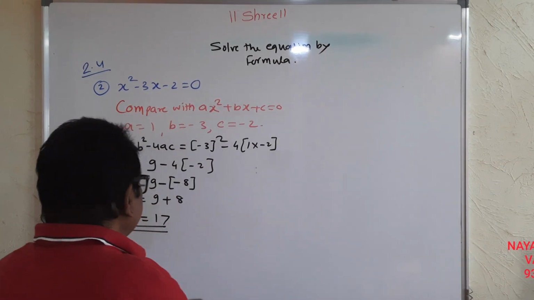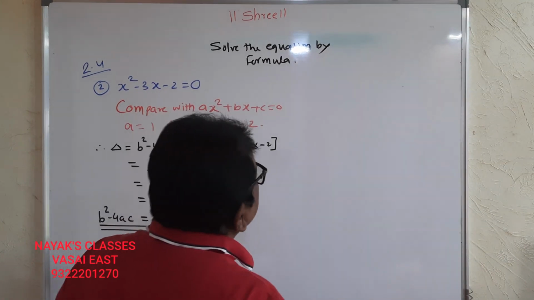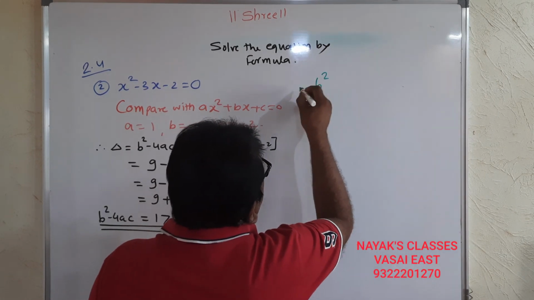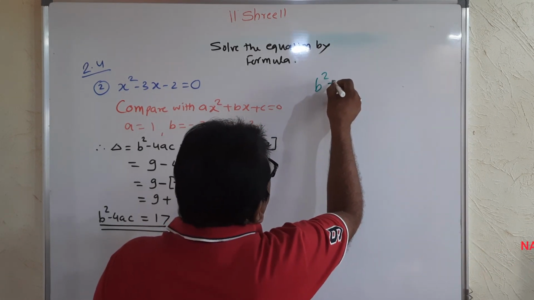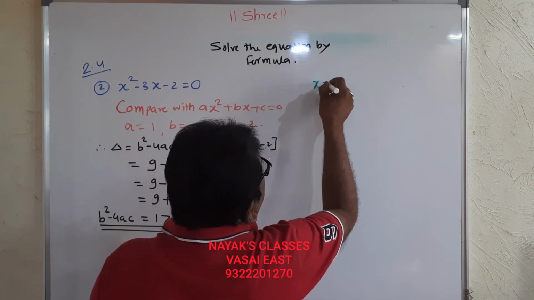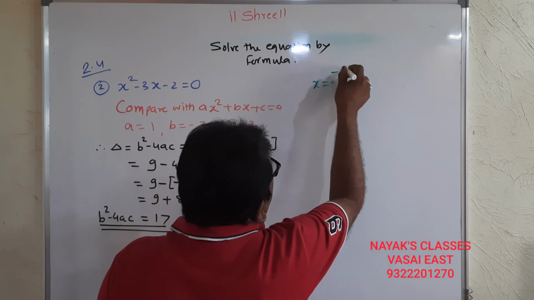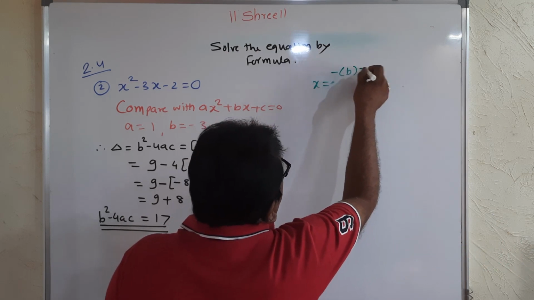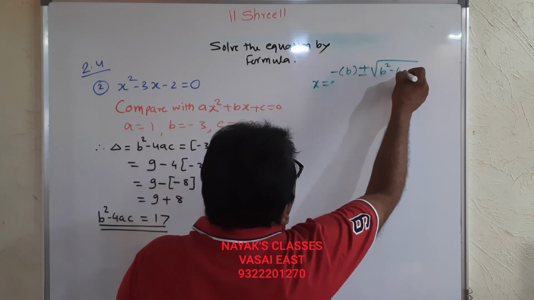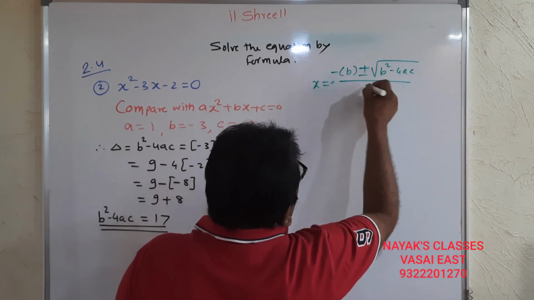So we can use the direct plus minus formula and we will get the answer now. The formula is x is equal to minus b plus minus under root b square minus 4ac upon 2a.